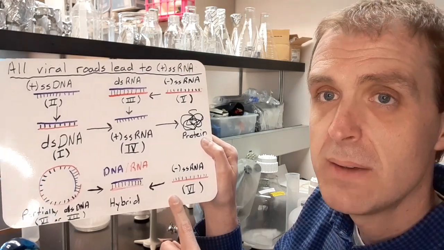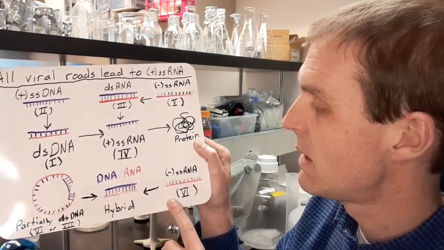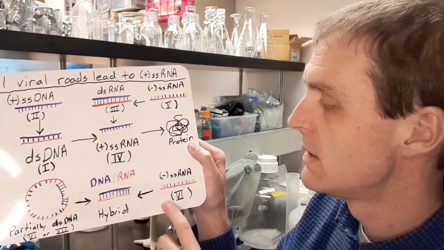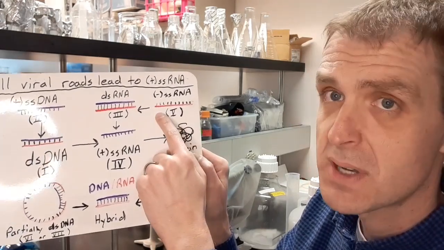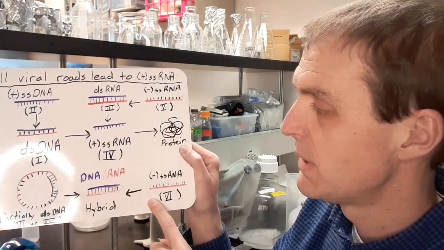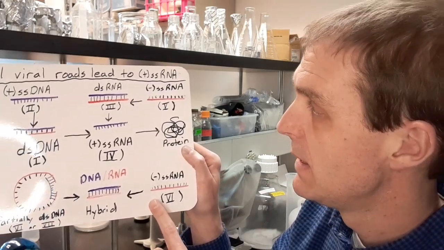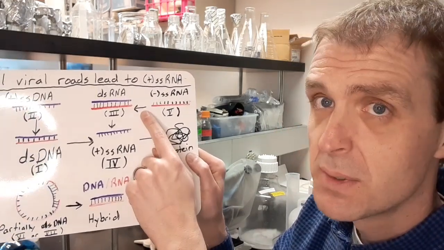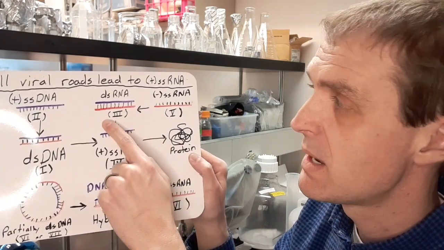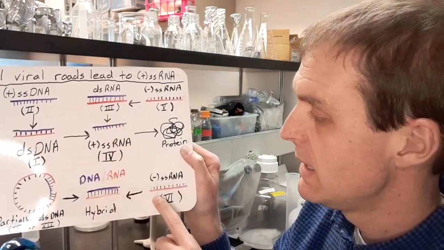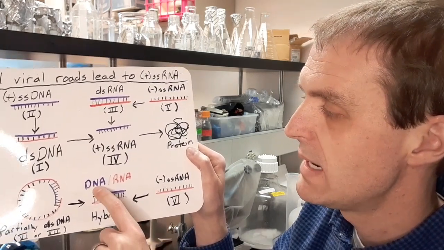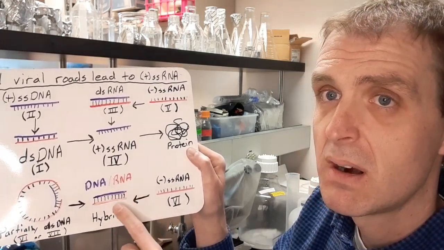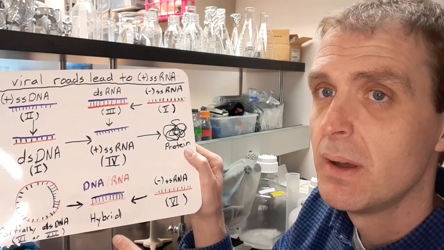And so if you start with a single-stranded RNA that's negative sense, notice we've got a single-stranded RNA here, and group 5 was also single-stranded RNA, but it's going to act differently. Rather than up here, where it was an RNA-dependent RNA polymerase that brought you back to a double-stranded RNA, it's going to be an RNA-dependent DNA polymerase, which will give you a DNA purple strand, RNA red strand hybrid.